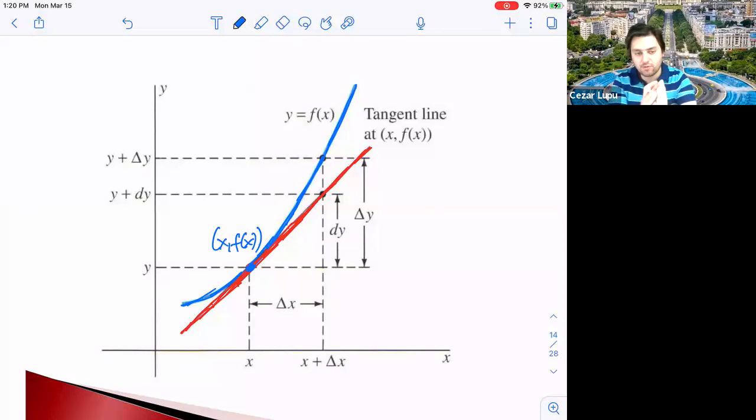So we would like to see the change in x and the change in y. The new point will be x plus delta x. Here we have the point x, and the difference, as you can see, is expressed here as delta x.